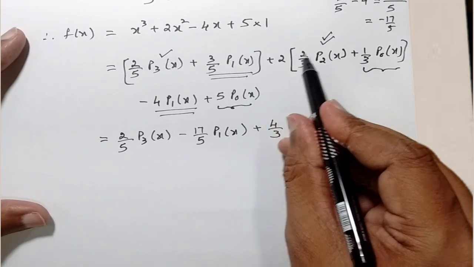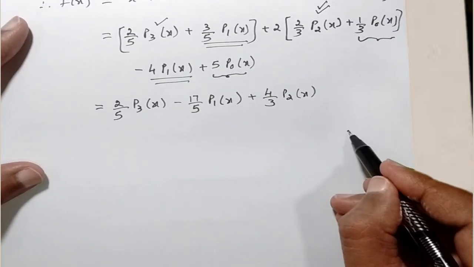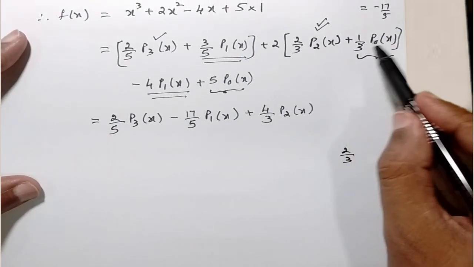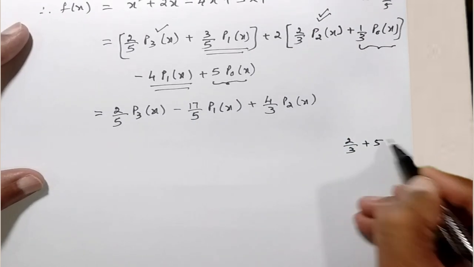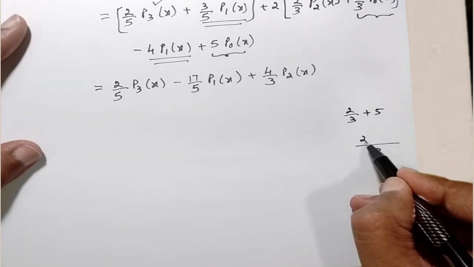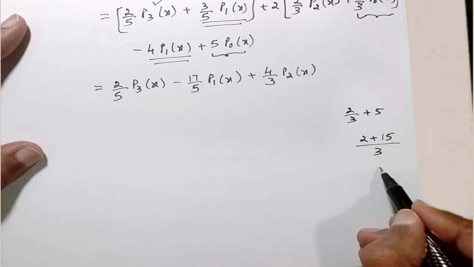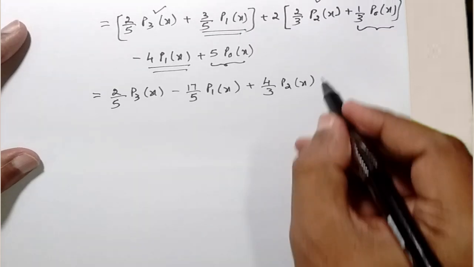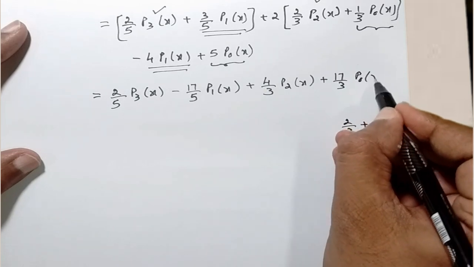You have to multiply this 2 inside, it becomes 2 by 3, so 2 by 3 P0. Here just 5 you have, so plus 5 times P0. If you take the LCM as 3, you have 2 over here, 5 times 3 will be 15. So 15 plus 2 will be 17, and we get plus 17 by 3 P0 of x.